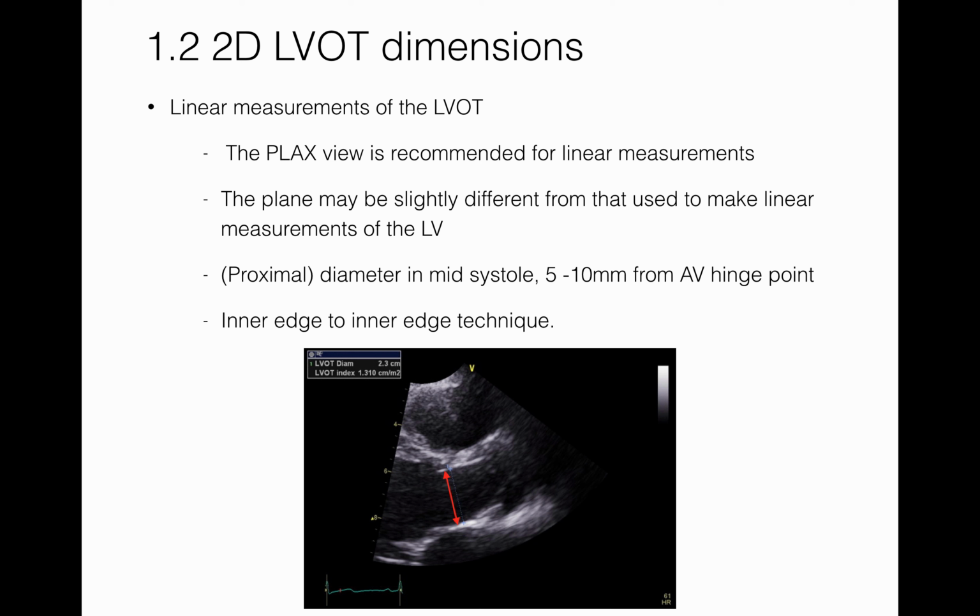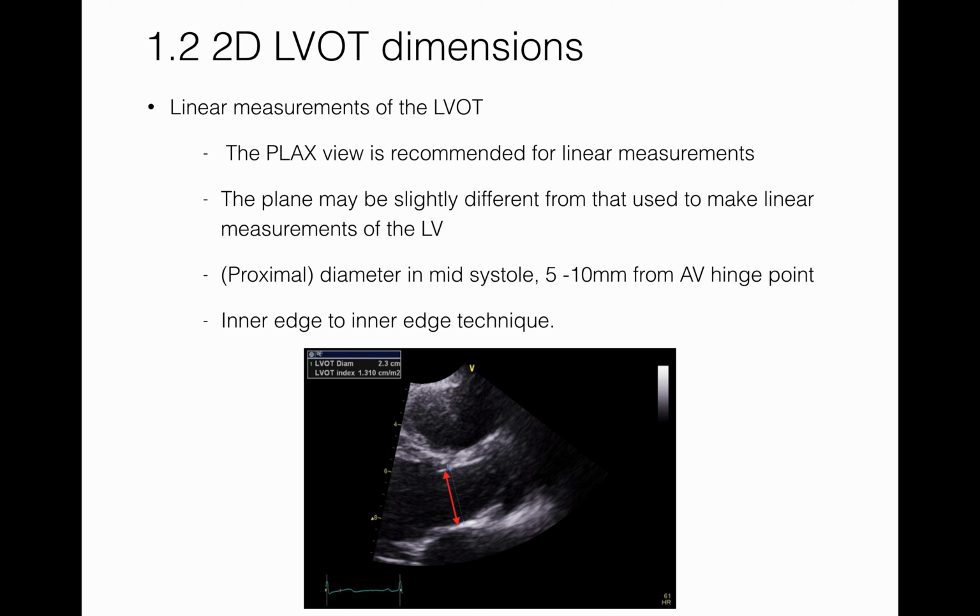(2D) left ventricular outflow tract dimensions. Linear measurements of the LVOT are required from the parasternal long axis view. The plane is often slightly different from that used to make linear measurements of the LV, as the reference for the LVOT measurements is the long axis of the ascending aorta.